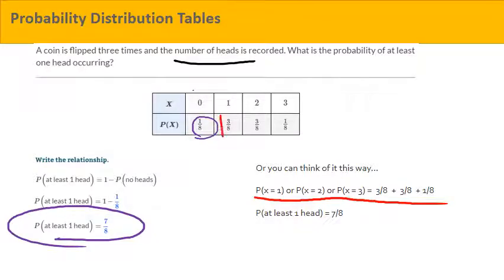We're adding up the probability of getting 1, 2, or 3 heads. And look, you still get the same answer. So you can think about this either way. The probability of getting at least 1 head is 1 minus no heads, or you can think about it as getting 1, 2, or 3, 1 or more.